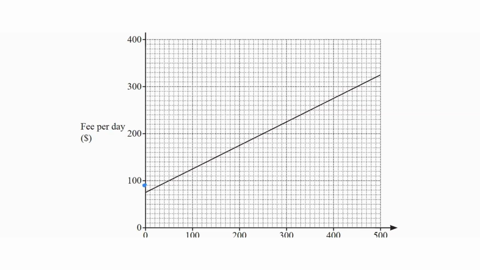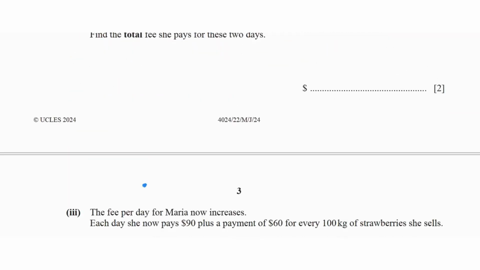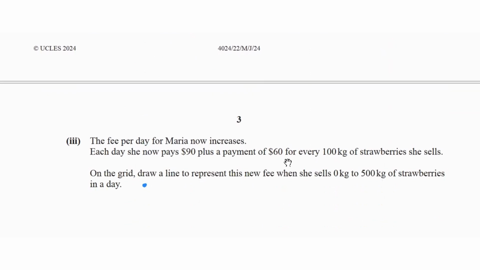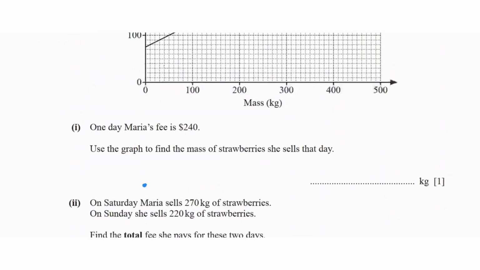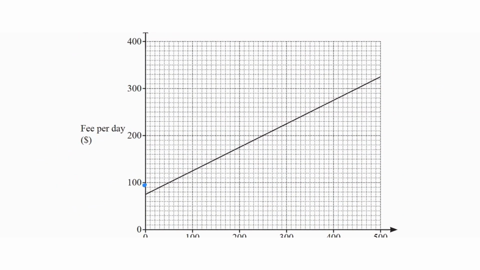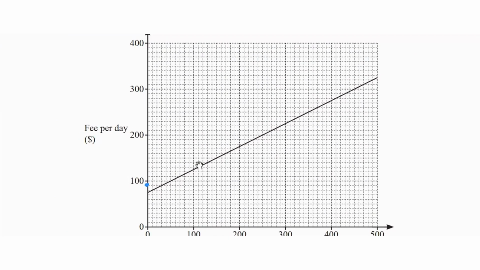And since she's paying 60 more for every 100 kg, so since she's paying the added cost of 60 to 90 for every 100 kgs, then for 100 kgs, it's going to be 90 plus 60, that's $150. So at 100, it's going to be at 150.